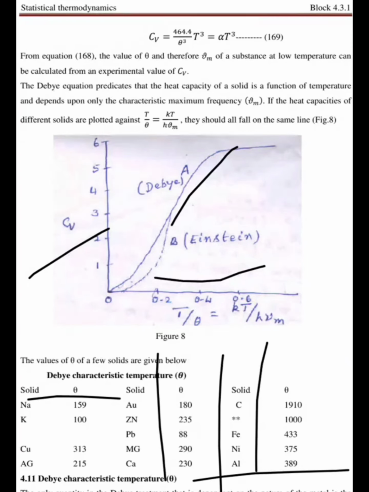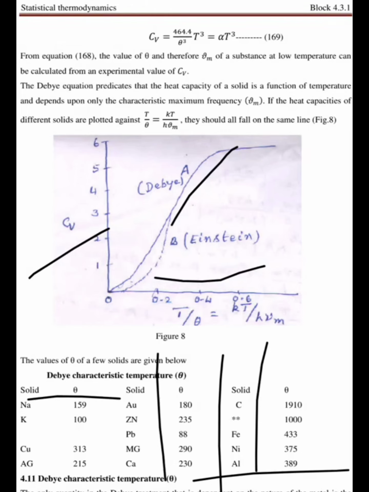And further, the Debye characteristic temperature θ depends on the nature of the metals. The characteristic temperature is related to the characteristic maximum frequency. So the only quantity in the Debye treatment that is dependent on the nature of the metal is the characteristic temperature.